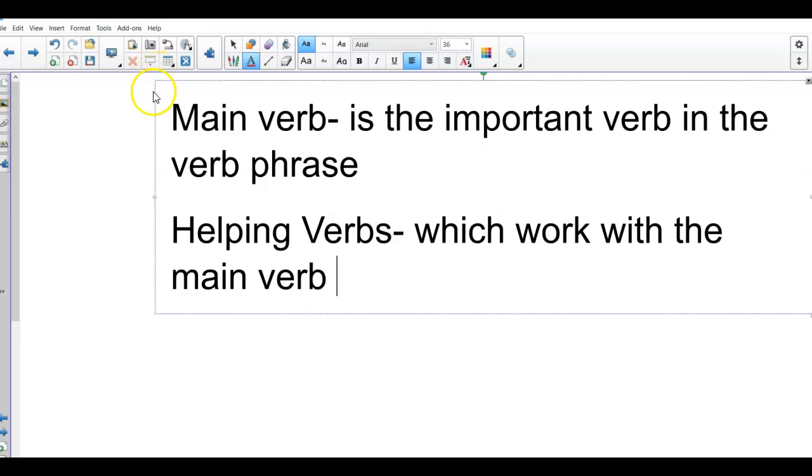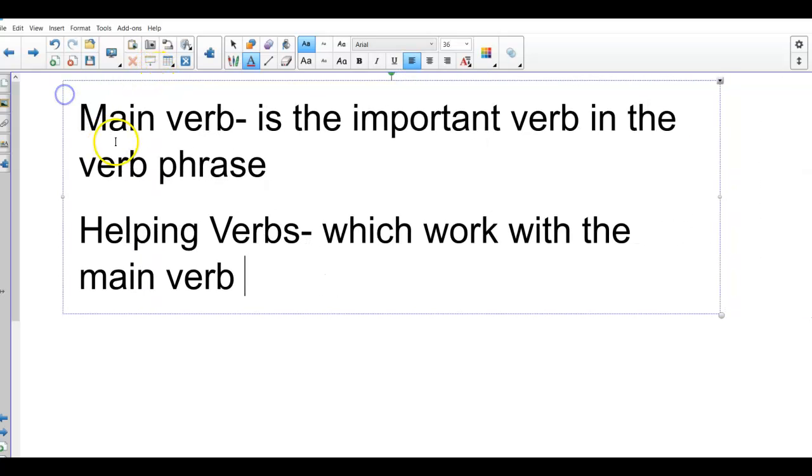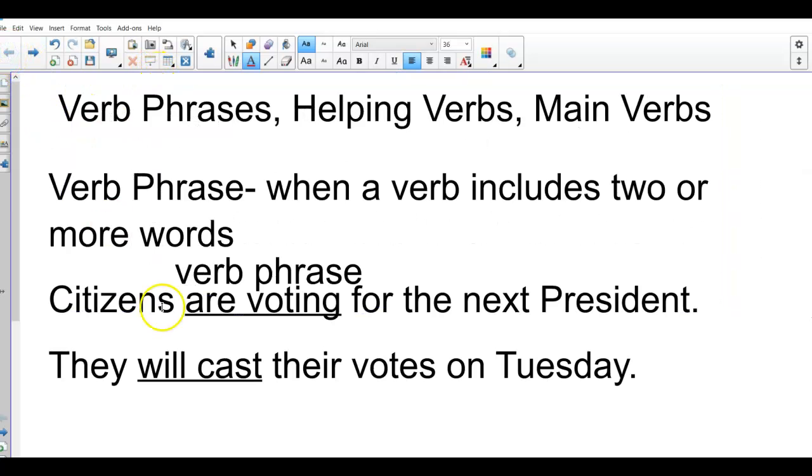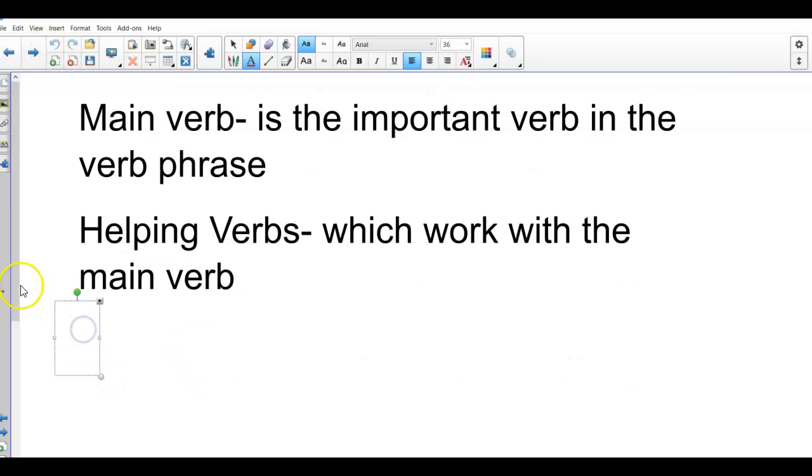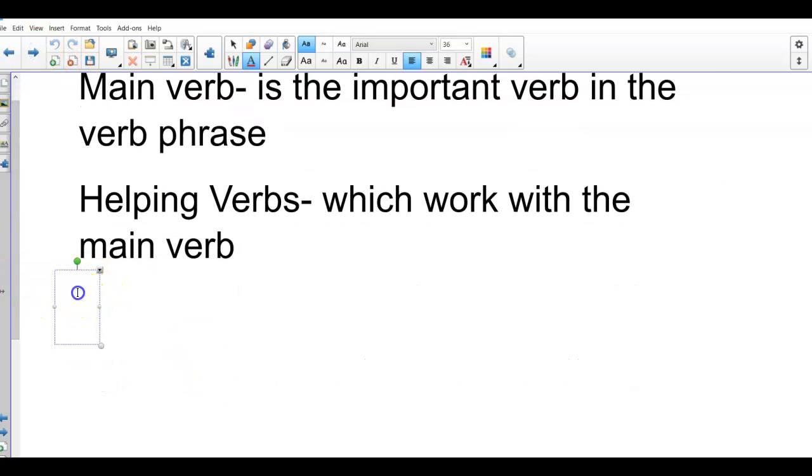Okay? So on each of the phrases that I had given you on this slide here, there were two words working together. So one of those words is the main one, and one of them was the helping. So we're going to go over how we know how to find out which ones are helping and which ones are main.